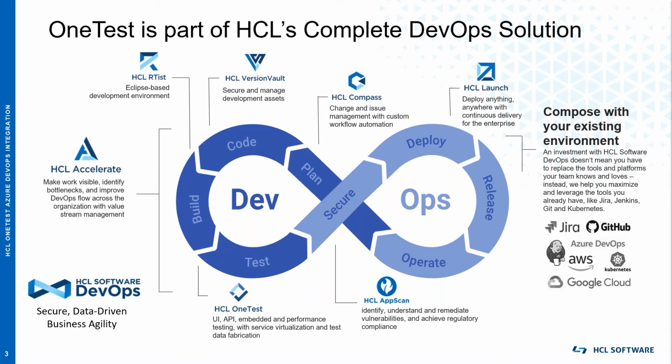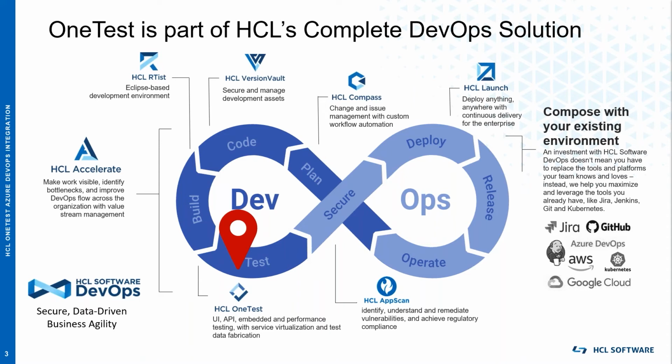And this is just a brief overview of our loop and where HCL One Test fits in within that loop. One of the great things about our DevOps portfolio is it plays nice with your existing environment. So if you have other solutions available as part of your continuous integration, continuous deployment suite, we have something available that can work with it and take advantage of it and help expand and grow what you have here.